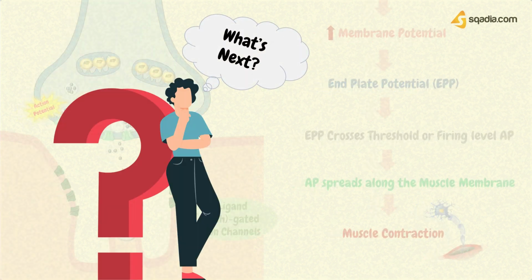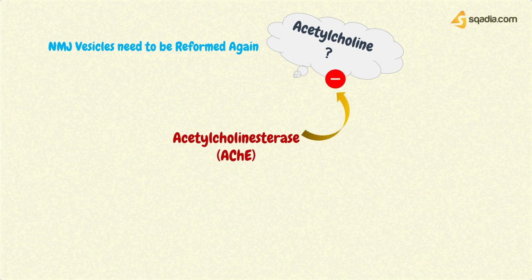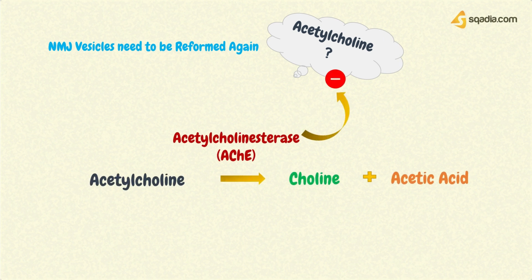You must be thinking, what next? Well, for continuous functioning of the neuromuscular junction, vesicles need to be reformed again. So what happens to the acetylcholine? The effect of acetylcholine is rapidly abolished by the activity of the enzyme acetylcholinesterase, where acetylcholine is hydrolyzed to choline and acetic acid.